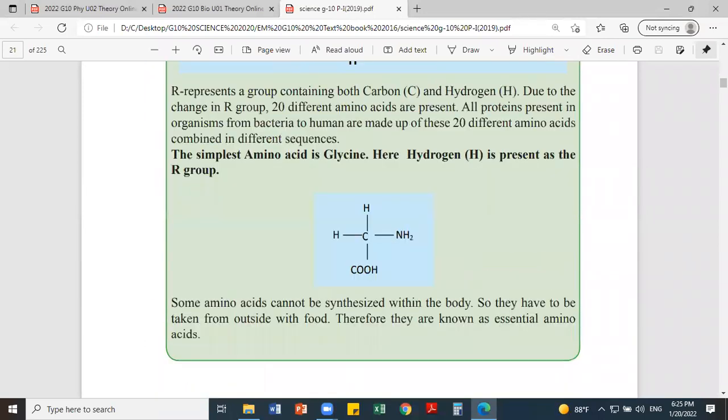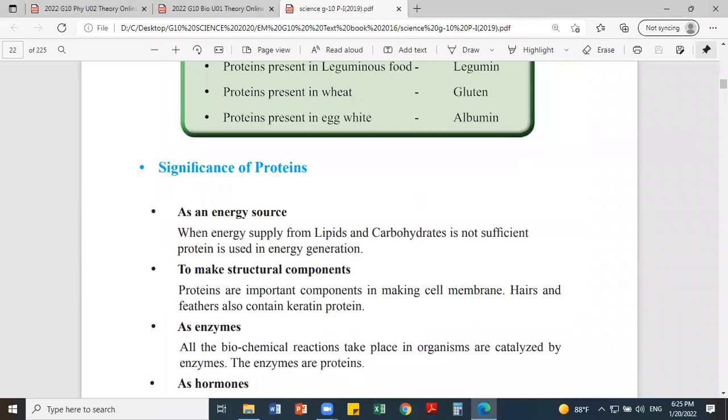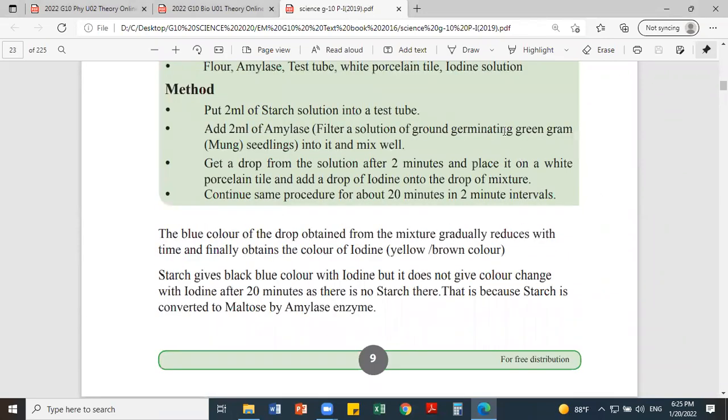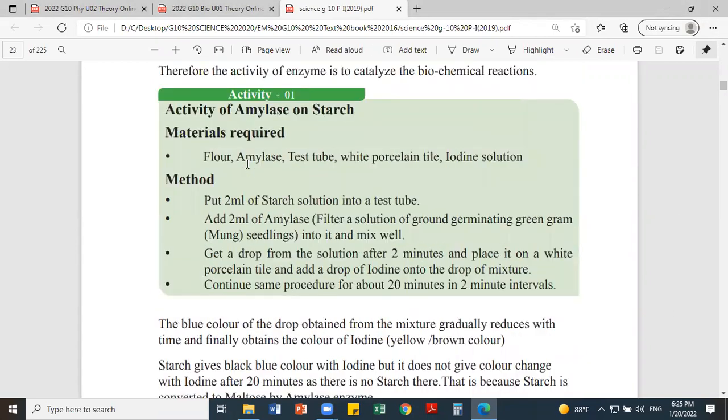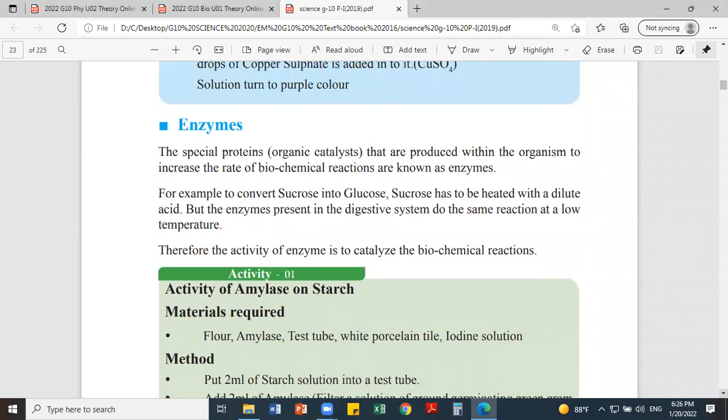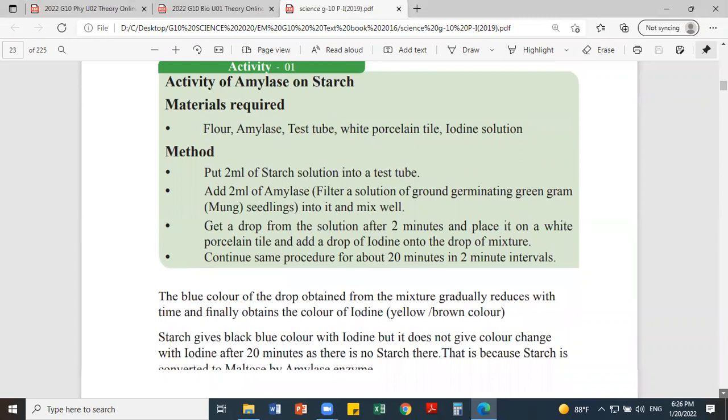So this is the practical: activity of amylase on starch. Please put 3 stars, this is a very important practical. Remember from your grade 10 and 11 textbooks, each lesson has activities like this.